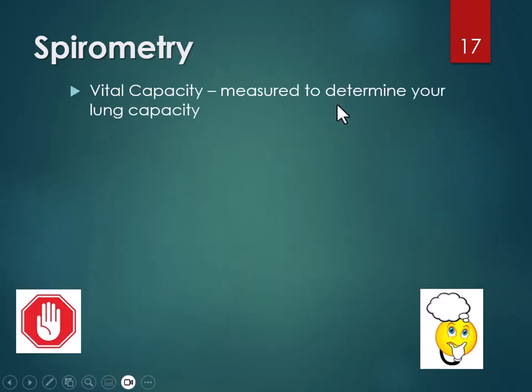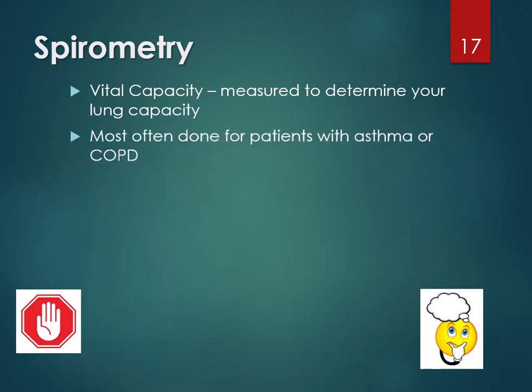So vital capacity is measured to determine your lung capacity. For example, if you had asthma or chronic bronchitis, a doctor might measure your vital capacity and then prescribe you medication if it's low, and then after a week or two on the medication, check it again, so he or she can determine whether the medication worked.